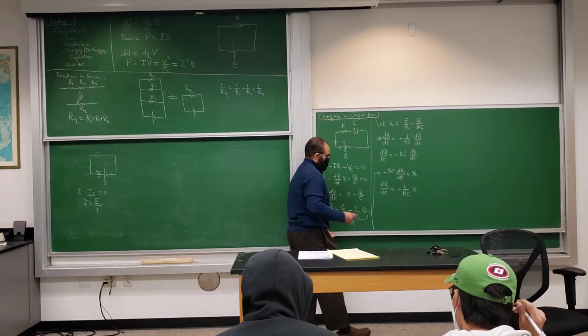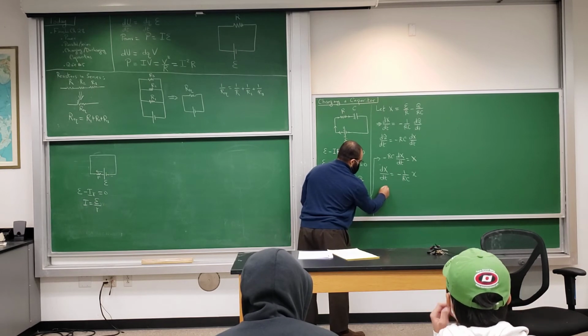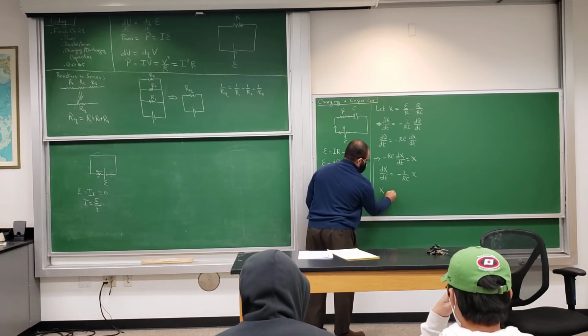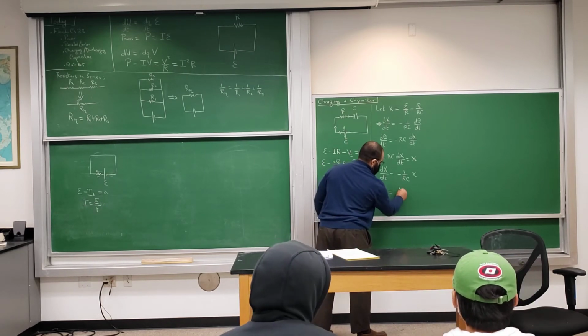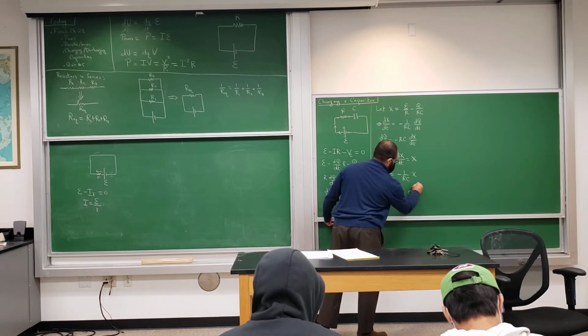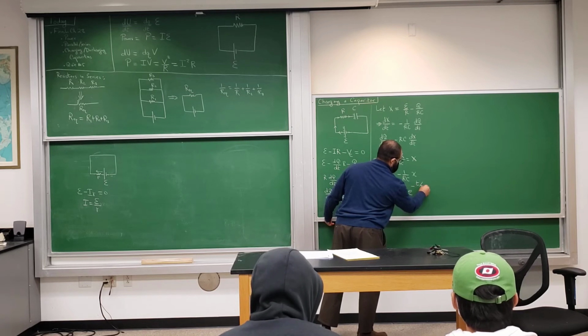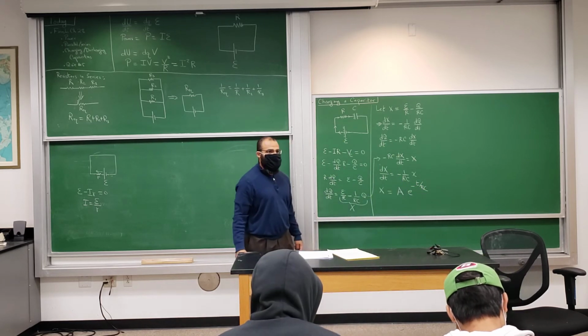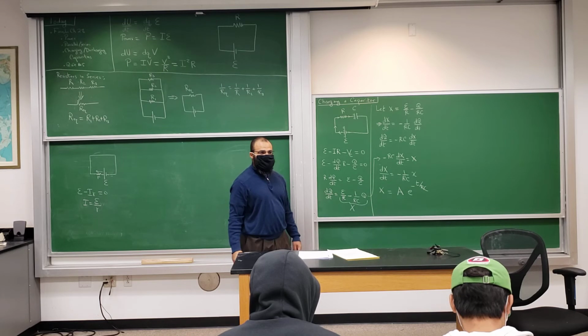Yes, in fact, x of t will be some constant in front, which I'm going to call A for now, and then e to the minus t over RC. That's the solution. Why? Well, take its derivative and you will see.